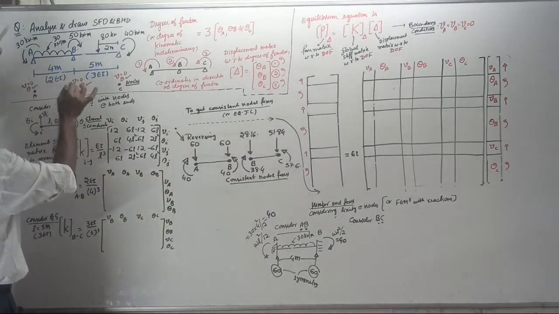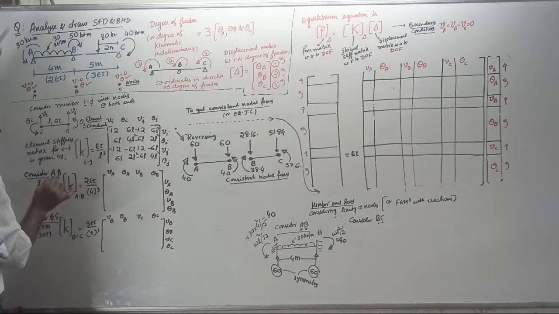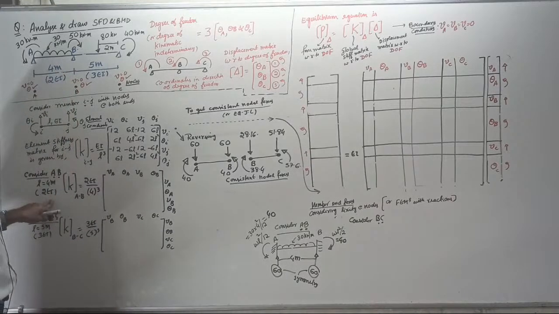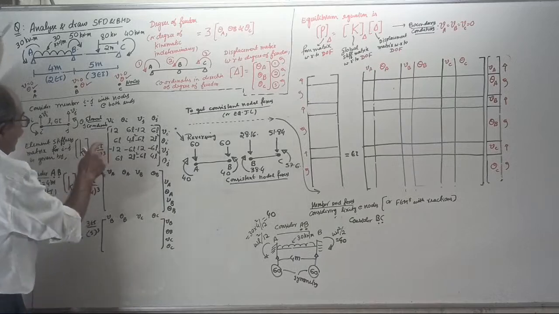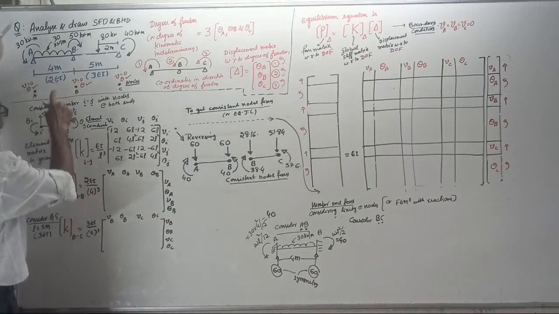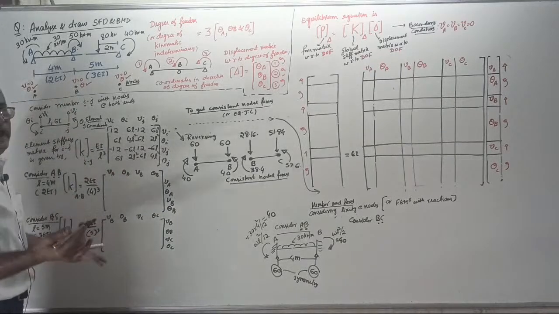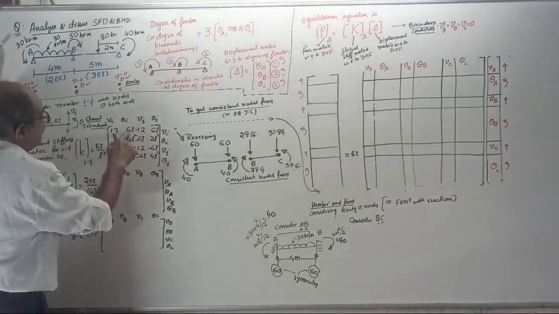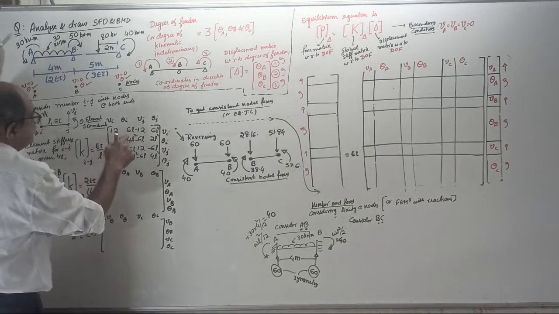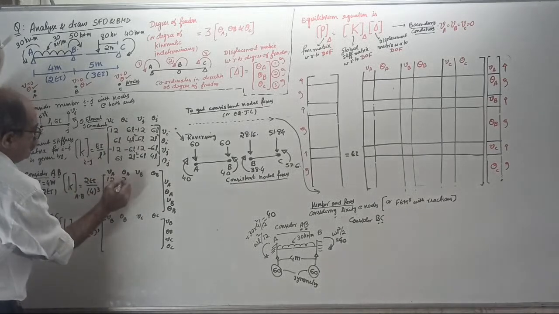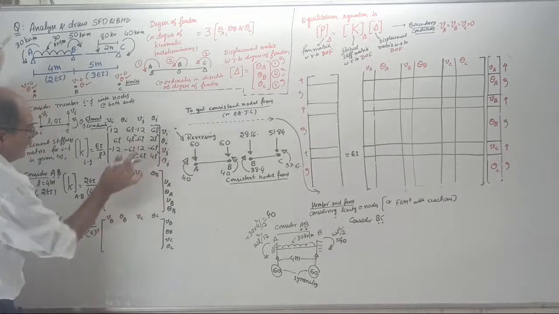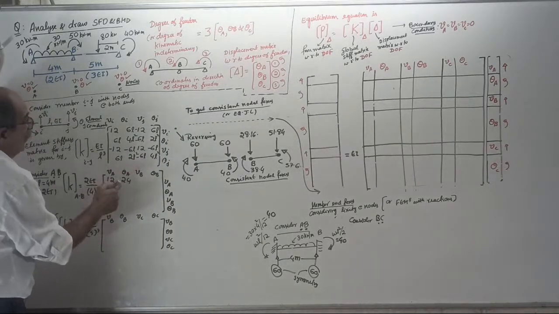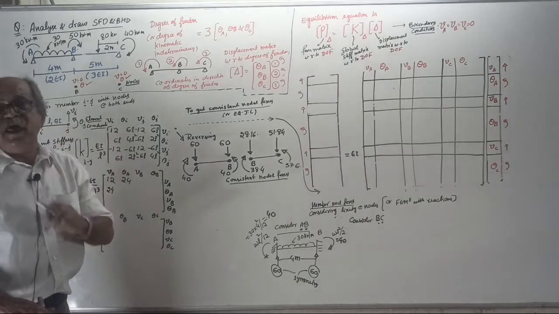Consider member AB. Both end nodes are there. Length equal to 4 meter. It has got 2 EI. So formula, 2 EI by 4 cube into, very easy, 12. 6 times L, 6 times 4, 24. Sufficient. Write once again 24 here. 4 times L square.